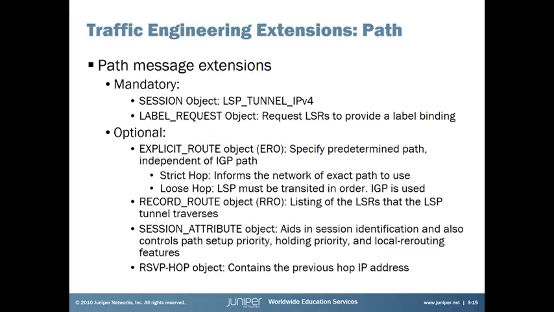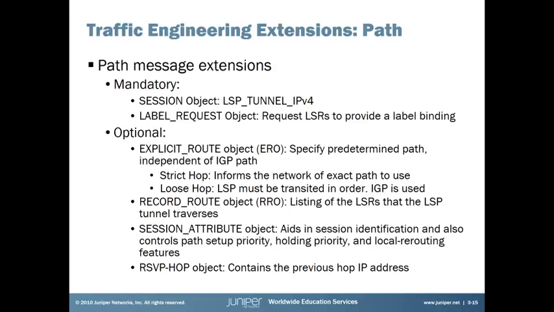So that's where we get to do the traffic engineering we talked about right at the beginning: we can tell the traffic where it needs to go through our network. We have strict hops, which form the exact path to use, or loose hops, which say the LSP must transit a given router, and then the IGP is used. A strict hop lists all the different hops along the entire path, whereas a loose hop doesn't.